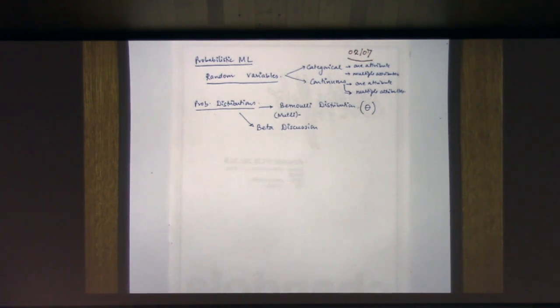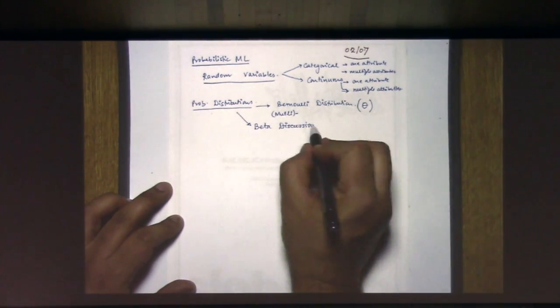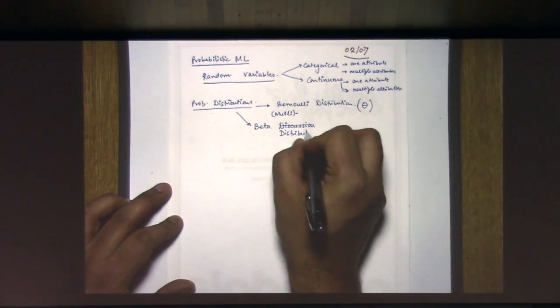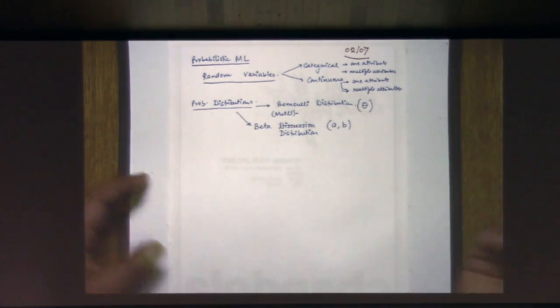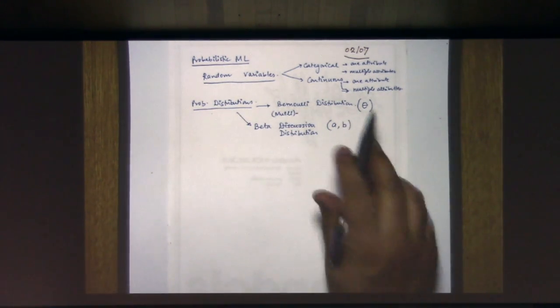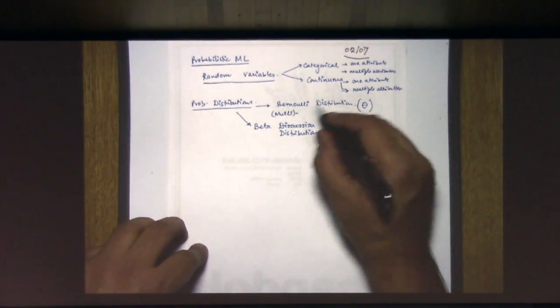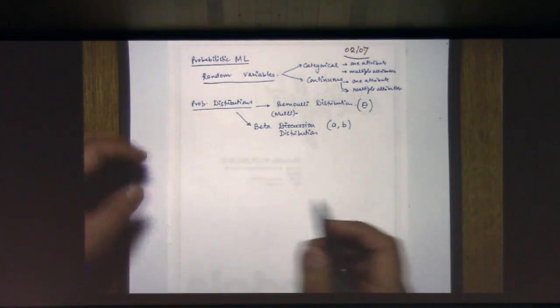Then when we were looking at the learning part, we discussed beta distribution, which has two parameters, a and b. Sometimes we call them alpha and beta, whatever, but they are two numbers, right? And what we saw was that Bernoulli distribution and beta distribution are conjugates of each other, right?